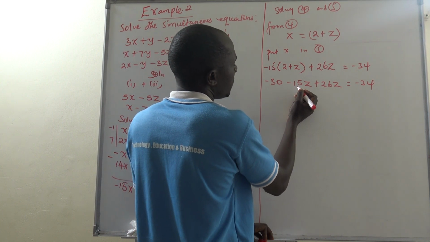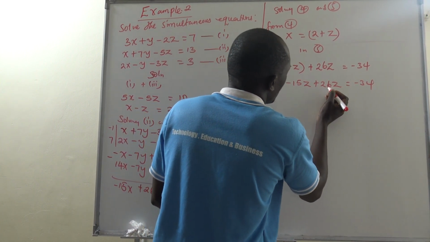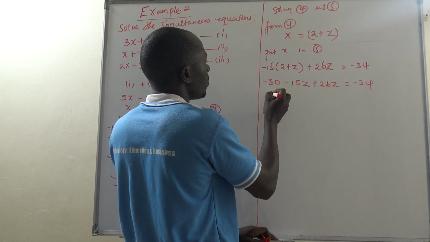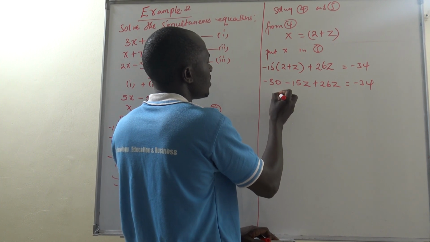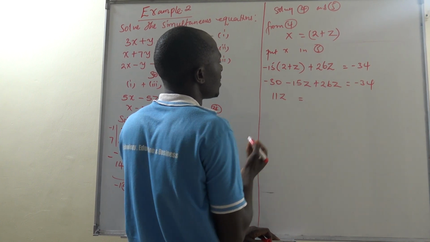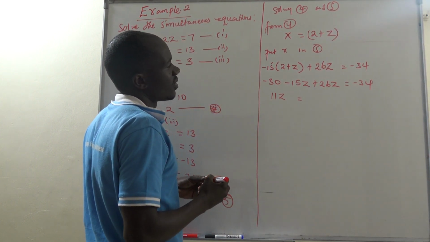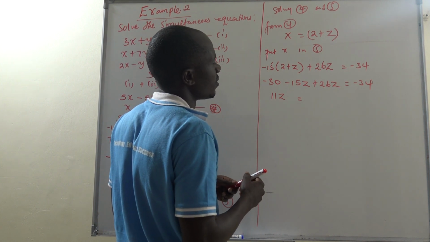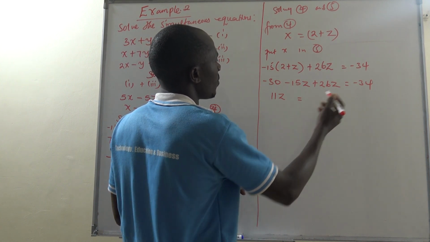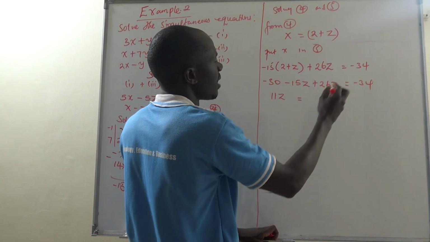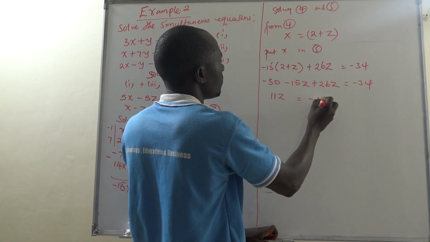So -15z + 26z, we are getting 11z, equals, we take the other one, -30 plus -34. When it goes across, I'm getting -4.